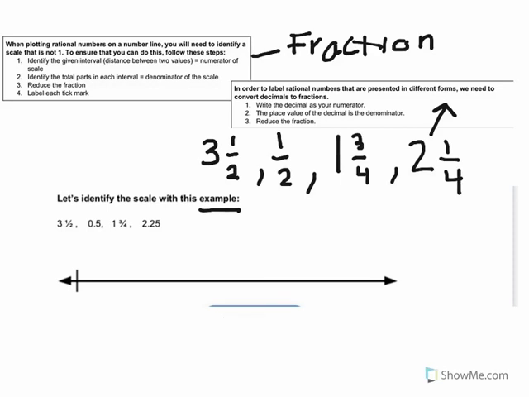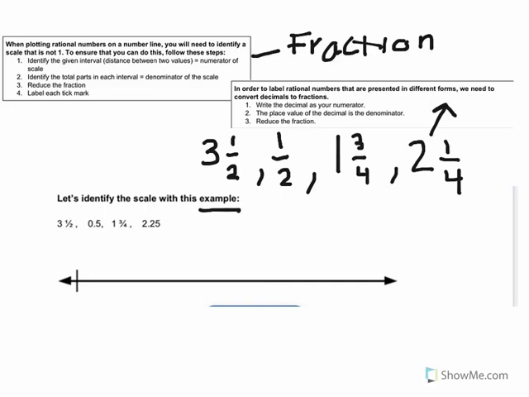Next, I need to identify what the scale of my number line is going to be so I can plot my 4 rational numbers. So all of my rational numbers are in fraction form, and I need to ask myself what is a common denominator of all of these rational numbers.